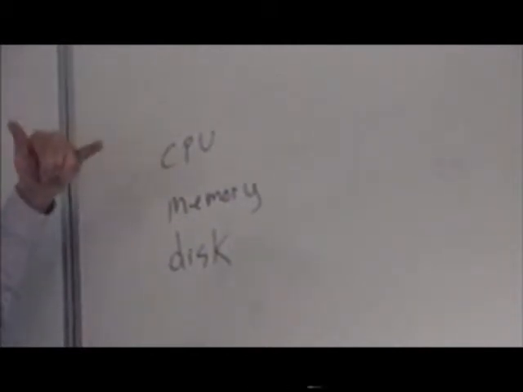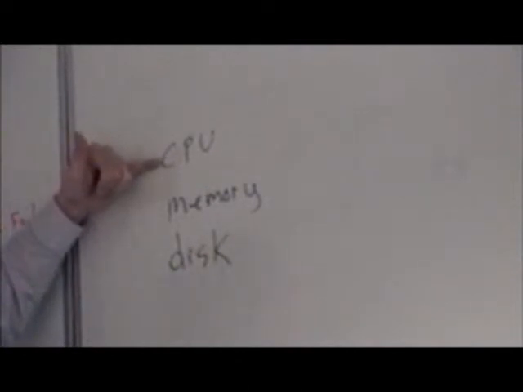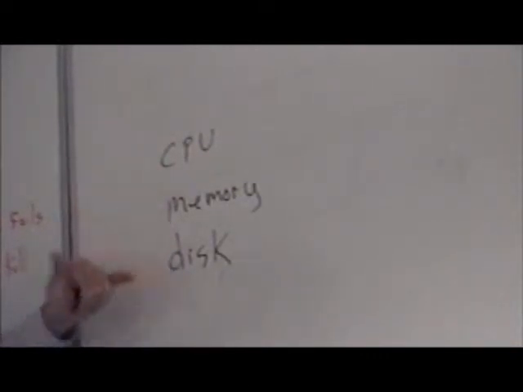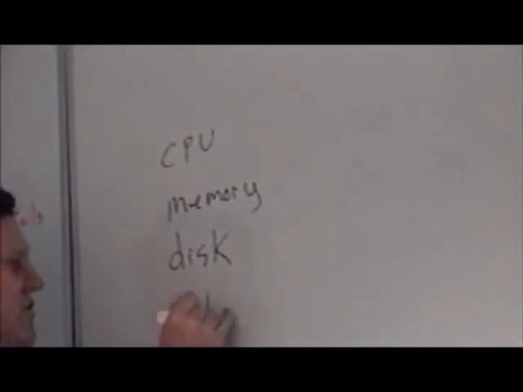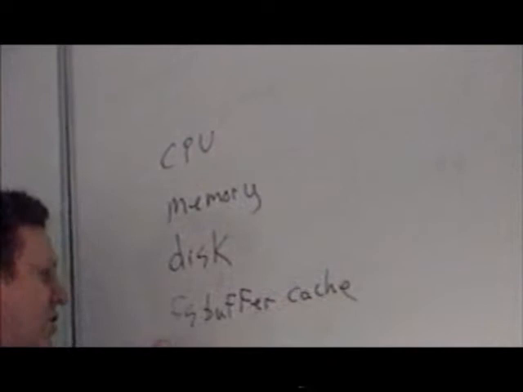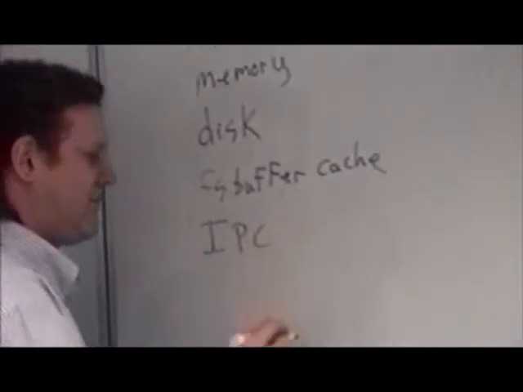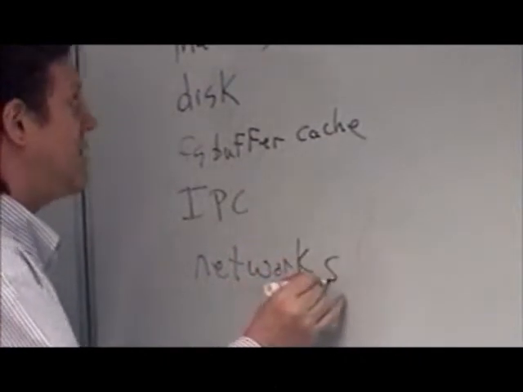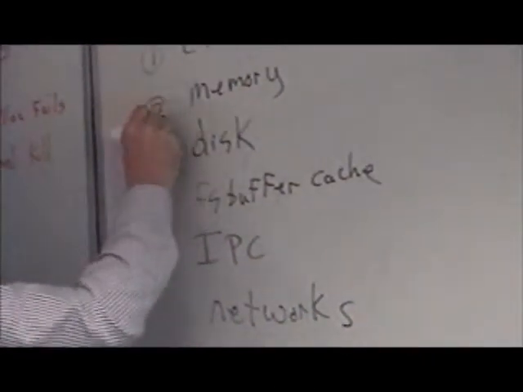So most people still look at CPU first because that used to be the most expensive item, but maybe or maybe not these days. But I still need to see CPU utilization first, then memory, then disk, then file system buffer cache, then your inter-process communication, and finally your networks. So that's 6 resources.